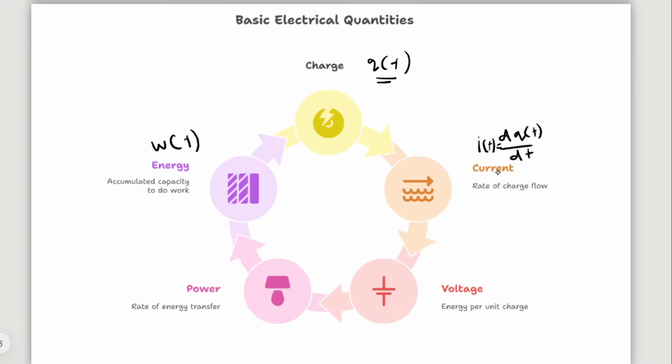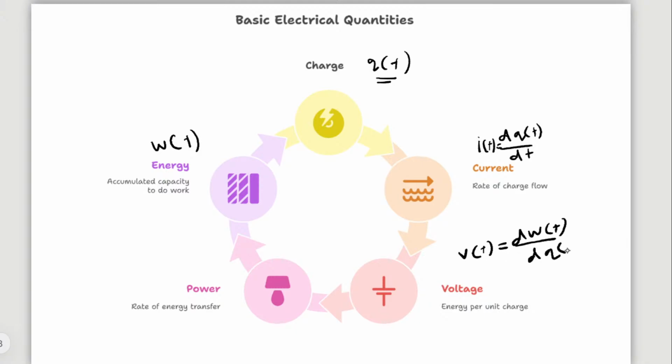That is the rate of change of charge flow, which is current. Now voltage is the energy per unit charge, which can be defined as v of t equals dw of t divided by dq of t.